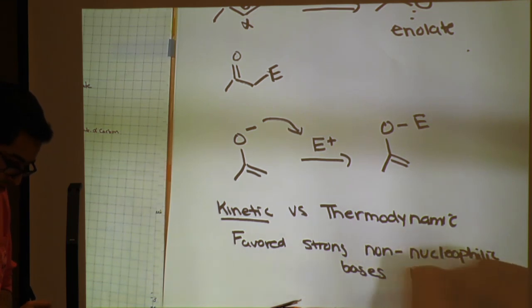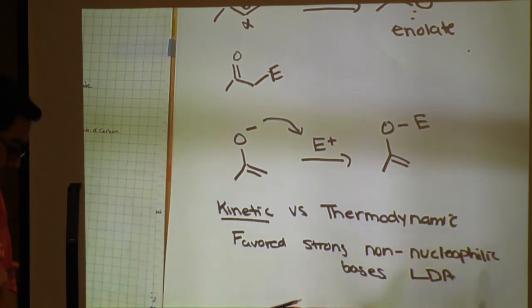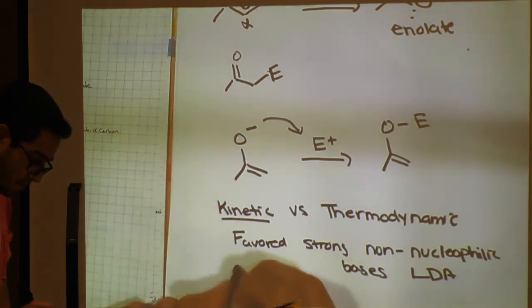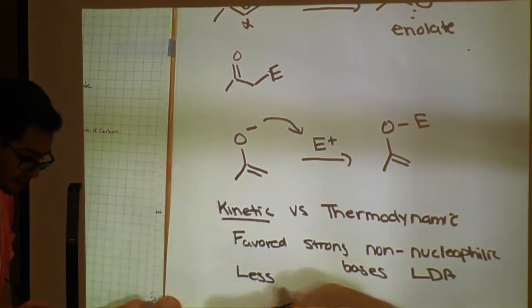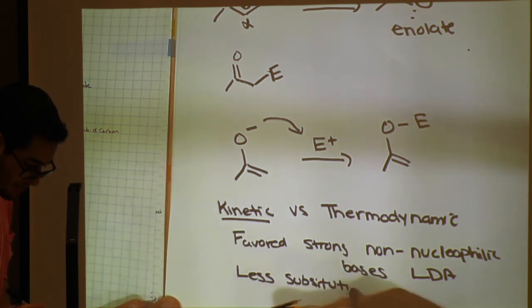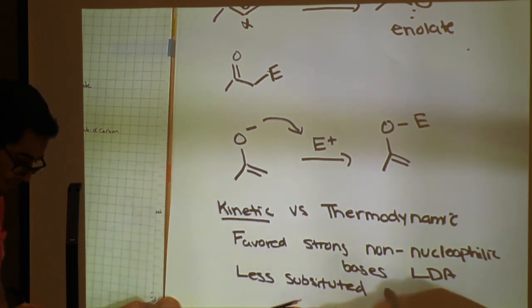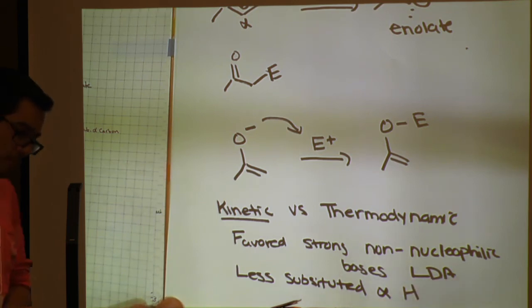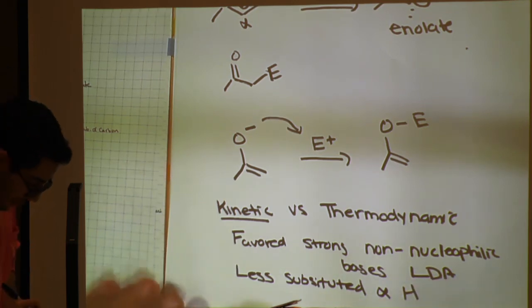And so your kinetic enolate is always going to be from the less substituted alpha hydrogen.